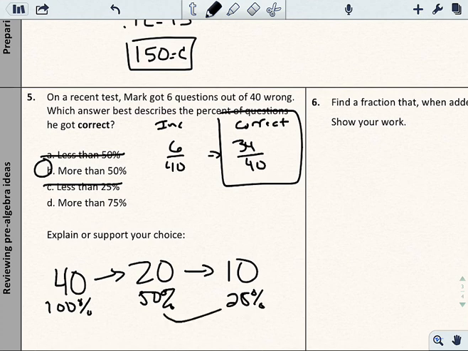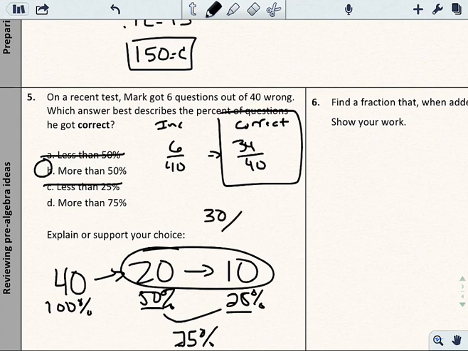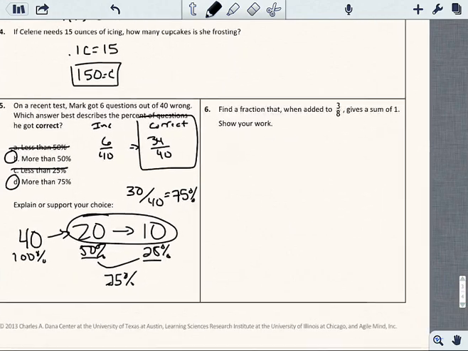If I put those together, that gives me 75%, because 50 plus 25 is 75. So 30 out of 40 would be 75%. That means 34 out of 40 has got to be more than 75%. So those are two that describe the situation well.